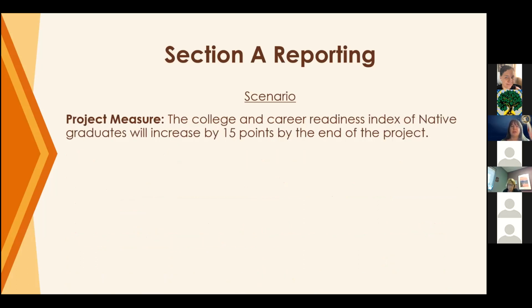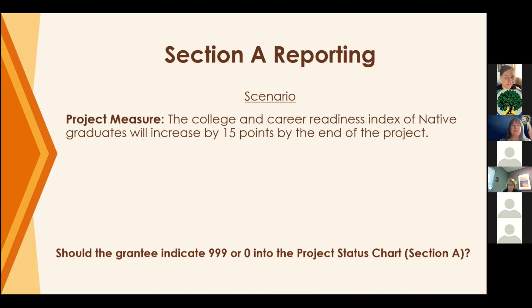Okay, final scenario now, same question. Is this grantee reporting 999 or 0 for this project measure? So this pretend grantee has a project measure that says college and career readiness index of Native students will increase by 15 points by the end of the grant period. I think folks are typing in.